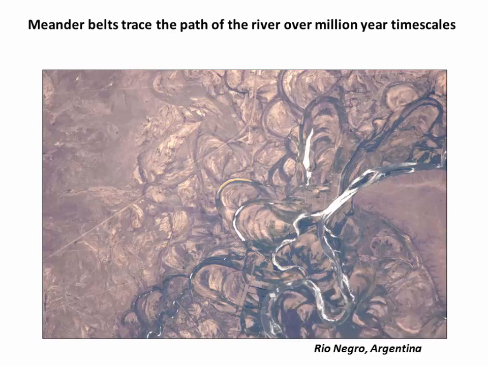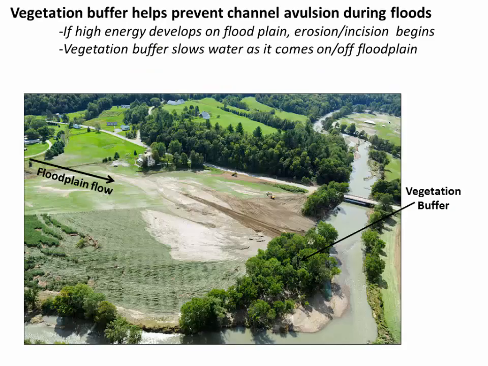Now, of course, in many cases, humans have actually built well within the meander migration corridor. And so humans spend a lot of time trying to prevent rivers from cutting across their floodplains and from cutting new channels that circumvent meander bends.